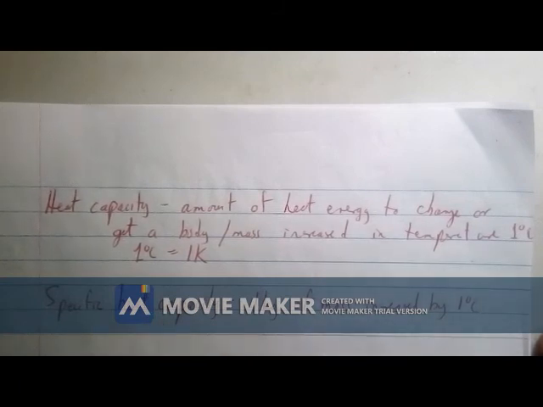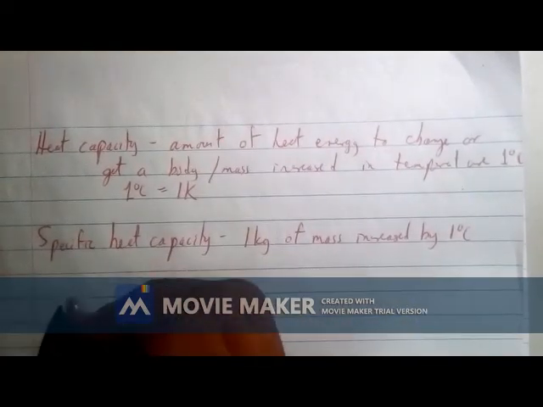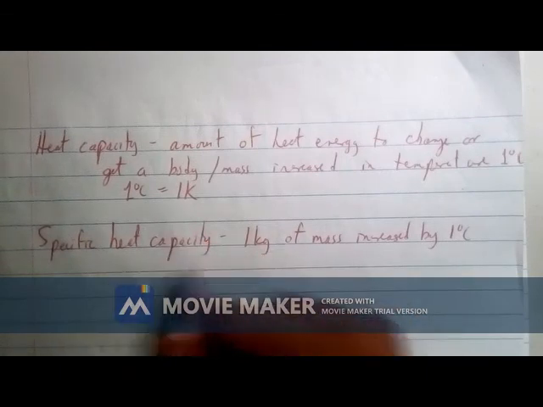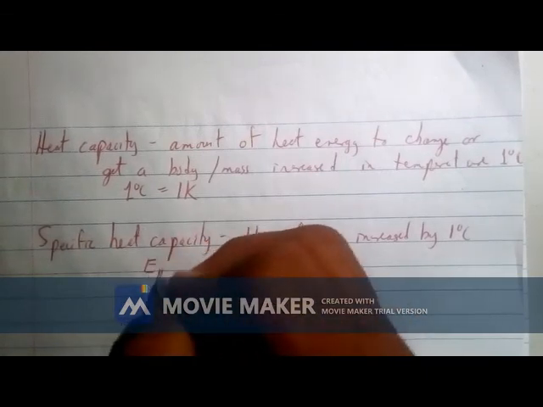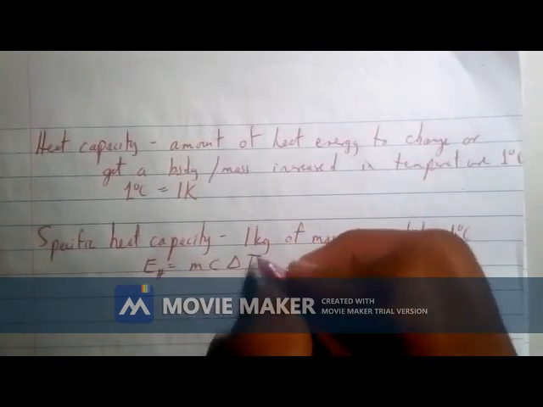So let's see, where do we work with this example? Energy is equal to mass times specific heat capacity times the change in temperature.